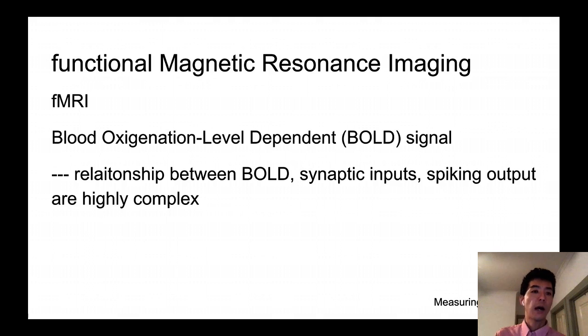Its signal is called the blood oxygenation level dependent signal, BOLD signal. What it means is that what fMRI, as its name says, magnetic resonance, is measuring is in effect the blood's oxygenation level.